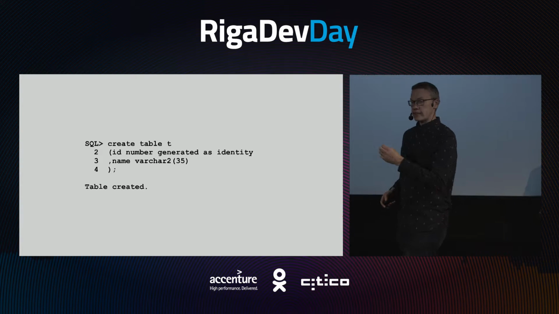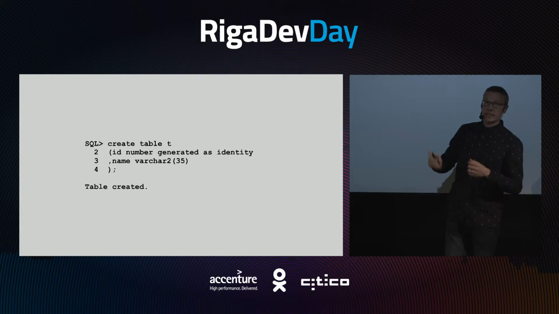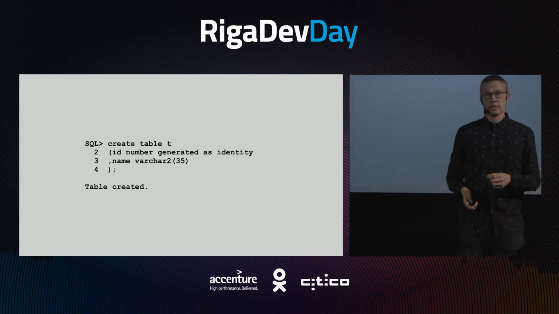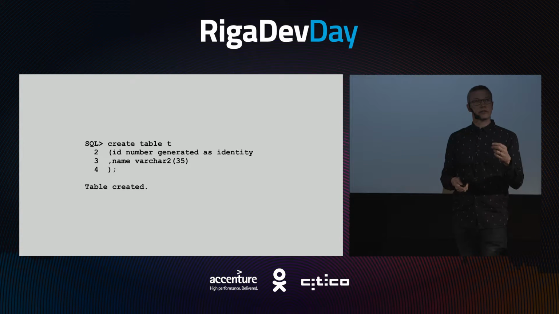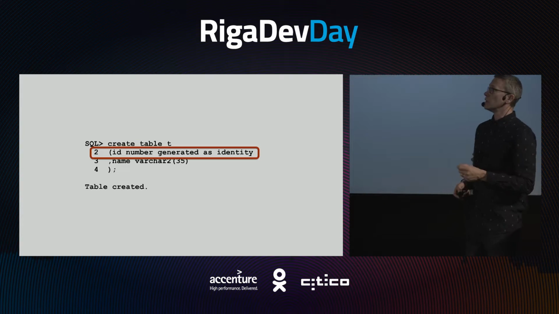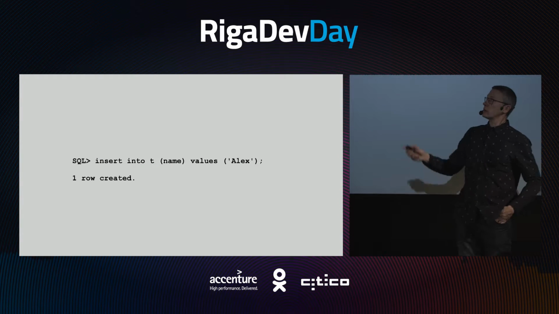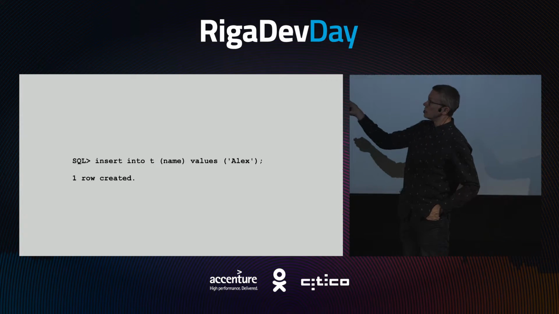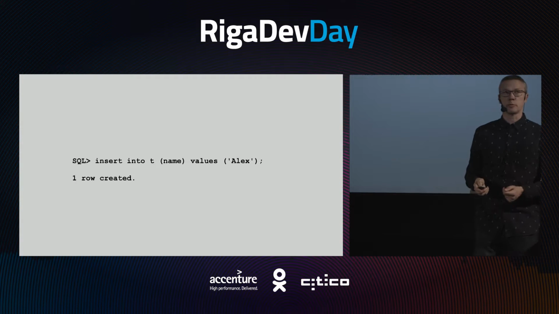So nowadays in 12, you can say, I have this table T, I want to generate it as identity, okay? Under the covers, it will create a sequence for you, and will populate that ID for you. So it's all about generated as identity. If you insert into T with a name, it will populate it, no problem.